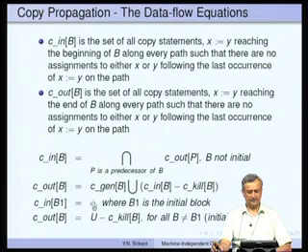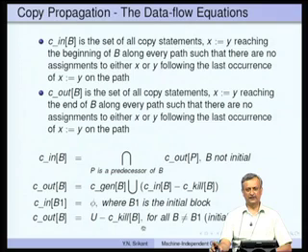So, no copies are assumed to enter the basic block B1, which is the initial block, and the initialization for C out B will be U minus C kill B for all B not equal to B1. So, you could have also said C in of B equal to U, where B not equal to B1, that is also possible.